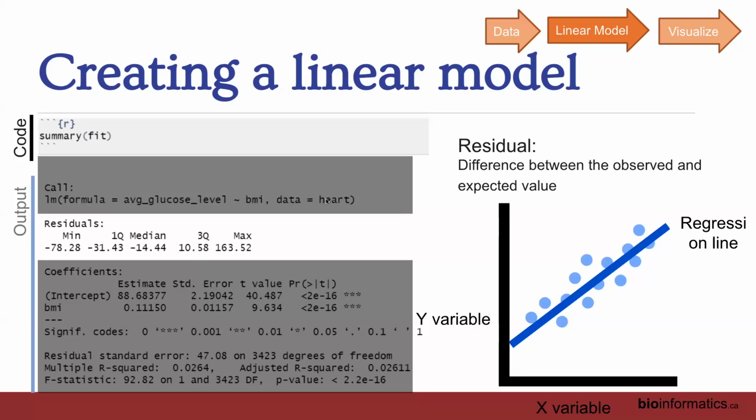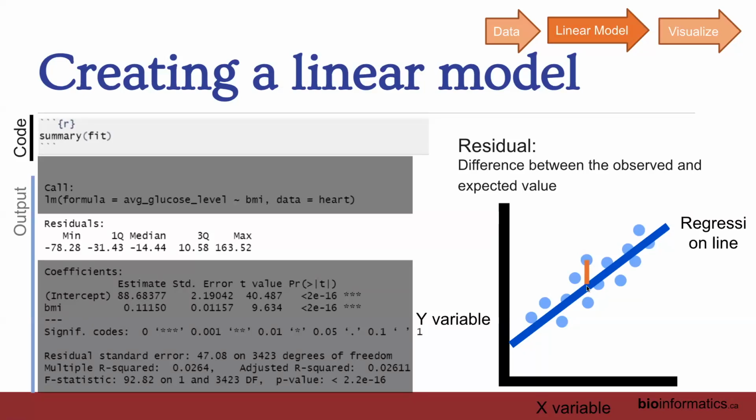Next up is residuals. Residuals is the difference between the observed and the expected value. So if we look, for example, over here, we can say maybe this is an x of 10. In a perfect world, if we had a perfect correlation, we would expect all the y values to be touching the line.